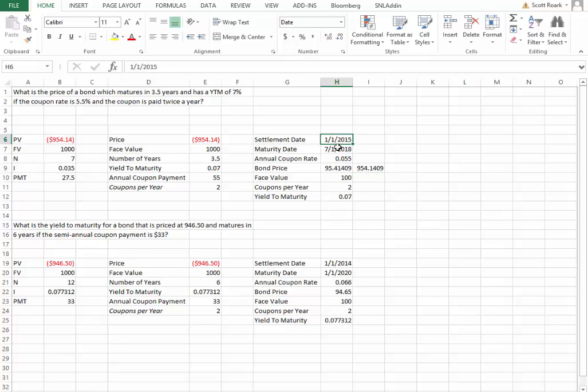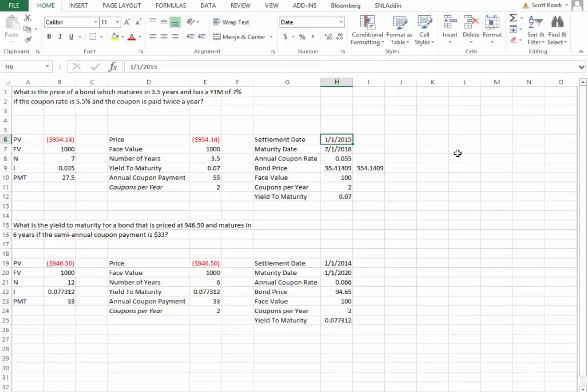The nice thing about this setup, this framework, is that we can talk about bonds that aren't exactly 3 years or 3.5 years away from maturity. We don't have to talk about bonds that are priced based exactly on a coupon payment date. We can throw in kind of dirty days here, off coupon days, and still get a good price for the bond.